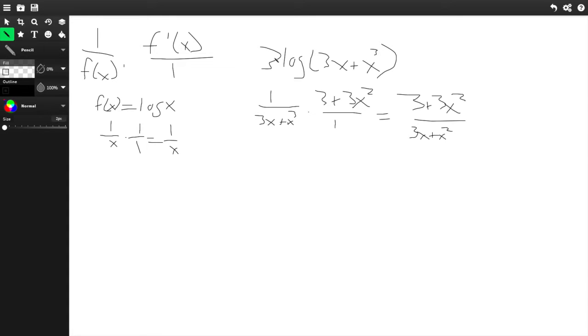And then don't forget to multiply it by whatever the coefficient up front is. That's 3. So we end up with 9 plus 9x squared over 3x plus x cubed as our final answer.